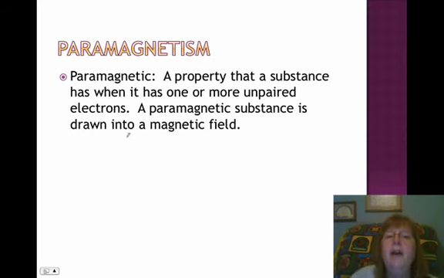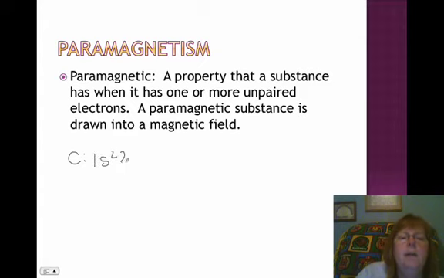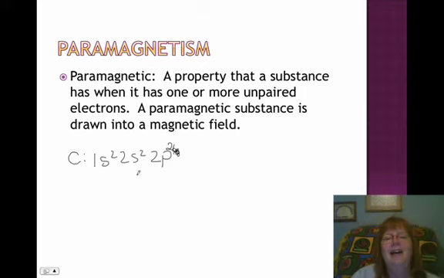Another new word, paramagnetism. Paramagnetic is a property when a substance has one or more unpaired electrons. A paramagnetic substance is drawn into a magnetic field. We can only tell if something is paramagnetic by looking at the orbital diagram. So let's look at something like carbon. Let's write the electron configuration for carbon with our 6 electrons: 1s2, 2s2, 2p2, excuse me, I was on a roll there.